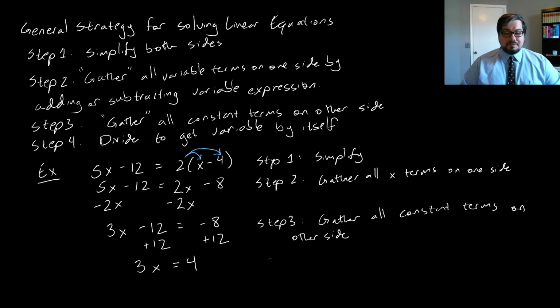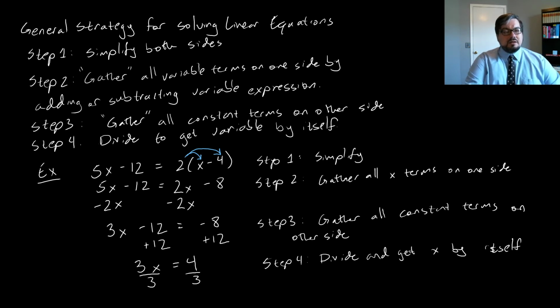We're almost there. Now we can use step 4 to divide and get x by itself. So currently, x is being multiplied by 3. The way we undo that is we divide both sides by 3. When we do that, the 3's are going to cancel on the left.